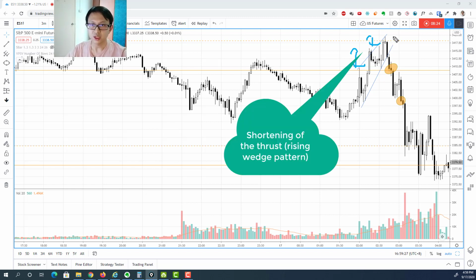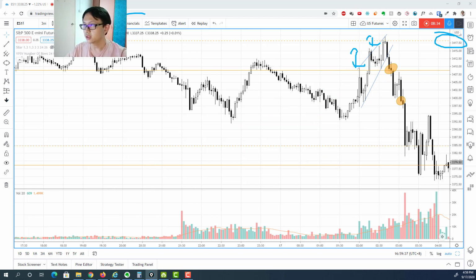That definitely suggests the up momentum was fading, and it happened at a very interesting place. That's the non-RTH high, the non-regular trading hours high, formed at around 7 p.m. or 6:30, just prior to the US session.